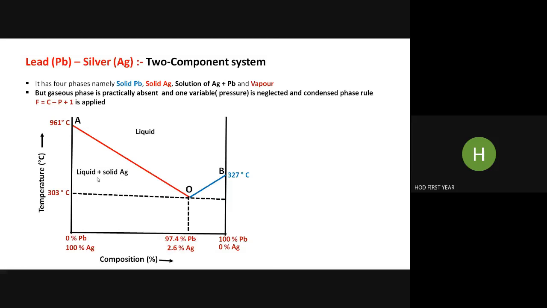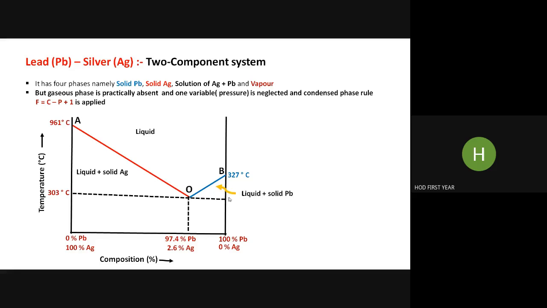Then now this area ACO, AOC, the high-temperature area. So here you will definitely see liquid. This side we have liquid, and here I have solid silver. So this area represents liquid of both lead and silver plus solid Ag.